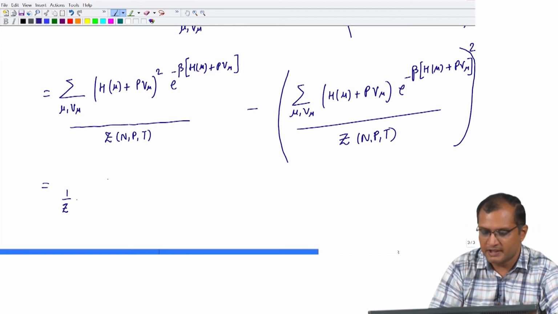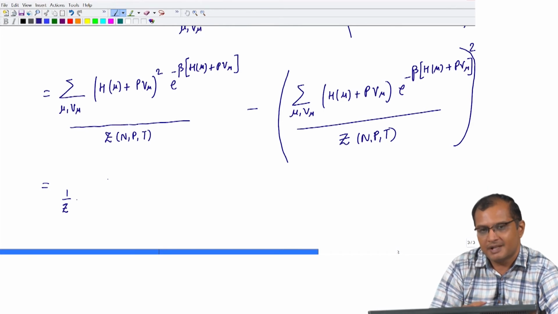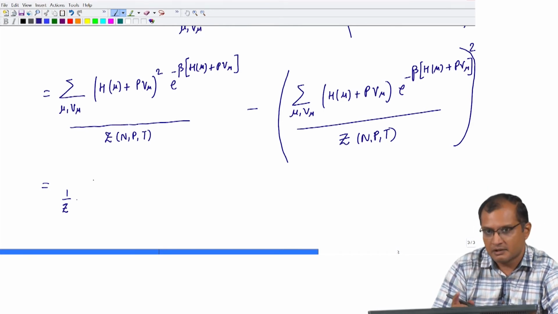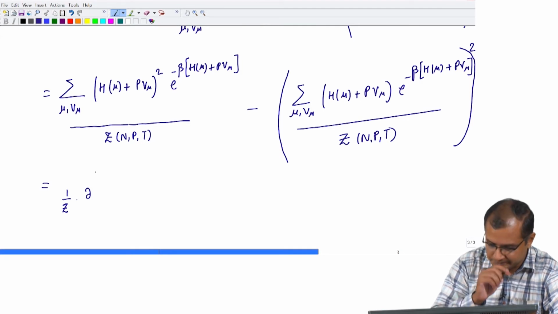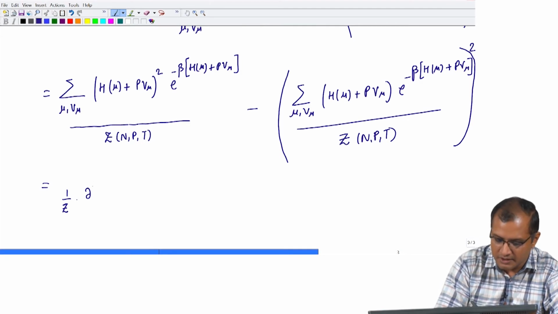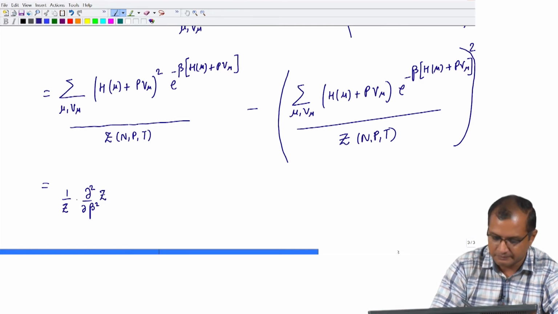To pull it out once you have to take a derivative with respect to minus beta, to pull it out twice you have to take two derivatives, which is nothing but d squared by d beta squared of the partition function.